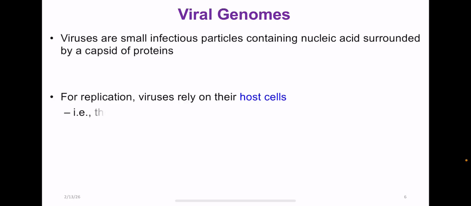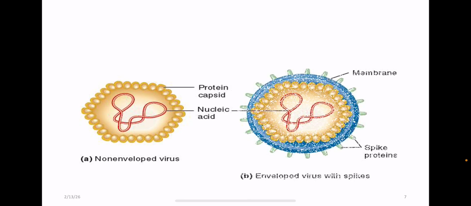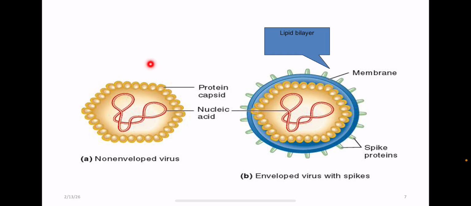So let's look at viral genomes. I'm going to talk about genomes of viruses, prokaryotes, and eukaryotes. Viruses are very brief, same for prokaryotes as well. For viruses, their genetic material is not actually certain. We all know viruses are particles and they require host cells for replication. What you need to know is there are two types of viruses: those with an envelope covering their protein capsids, and those without envelopes.